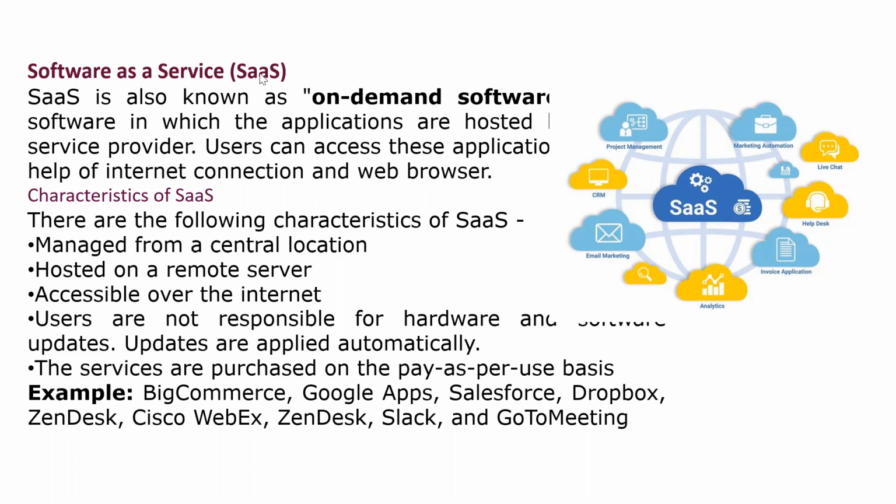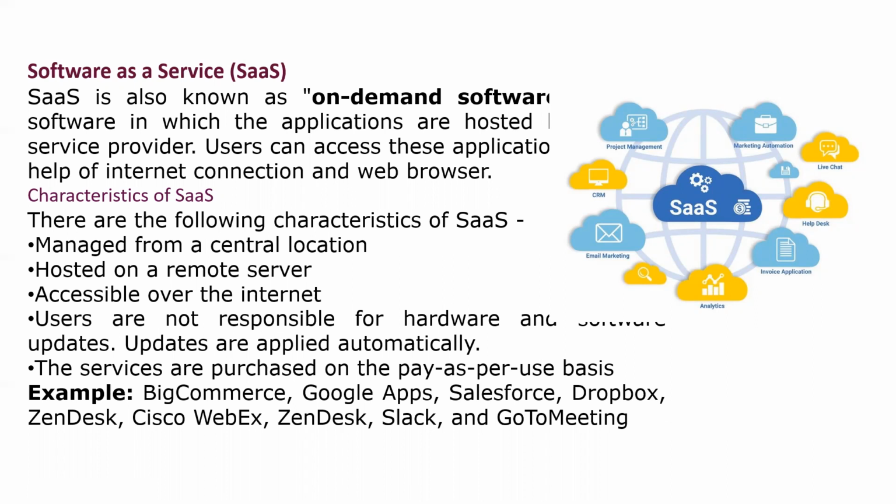Here you can see some of the important characteristics of SaaS. They can be managed from the central location of the service provider. They are hosted on a remote server, with accessibility over the internet. Users are not responsible for hardware and software updates, so they are applied automatically.